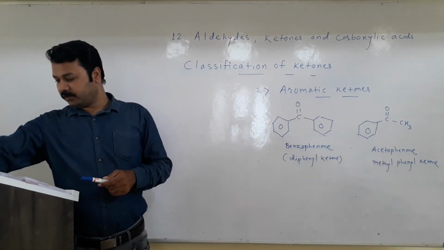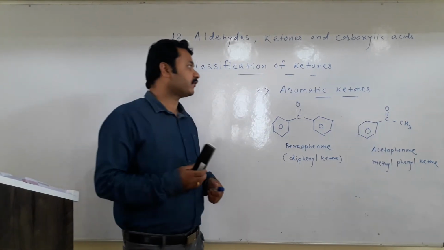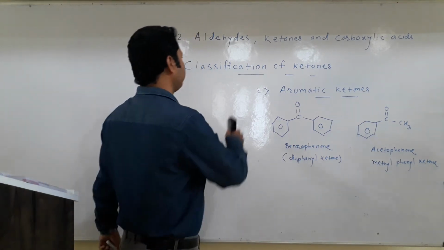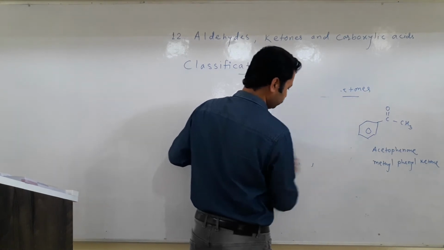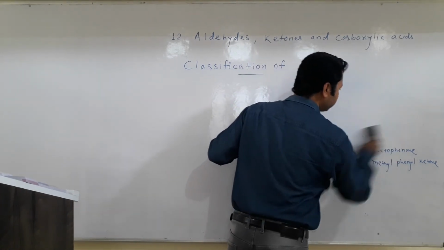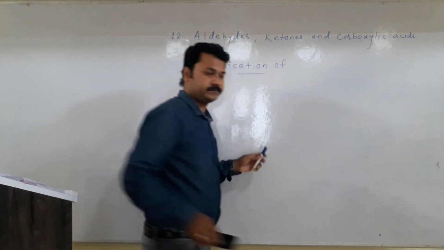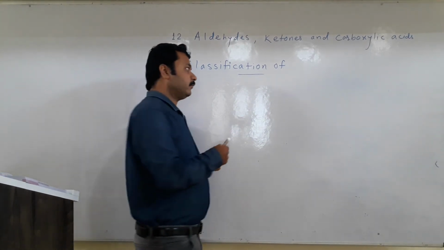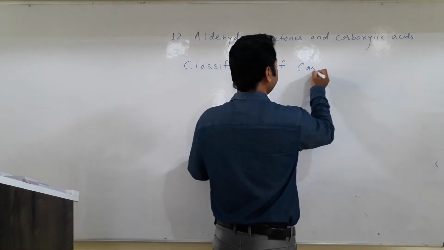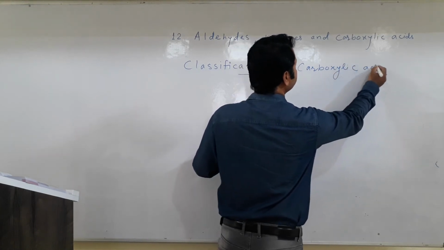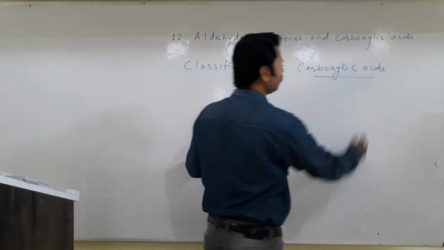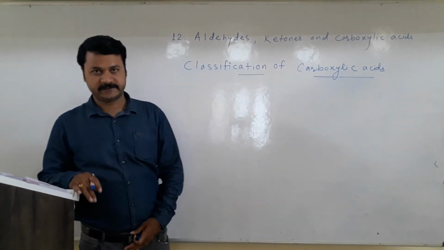Then we will see the classification of carboxylic acids. Now, classification of carboxylic acids. In carboxylic acids, functional group is COOH.